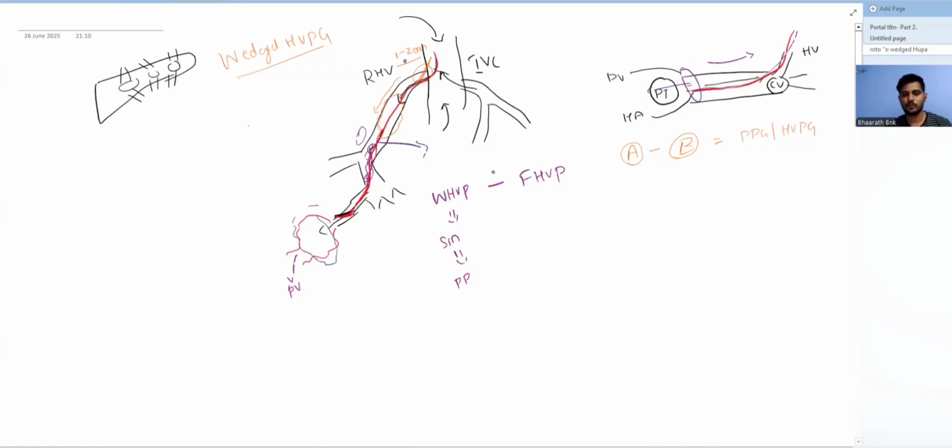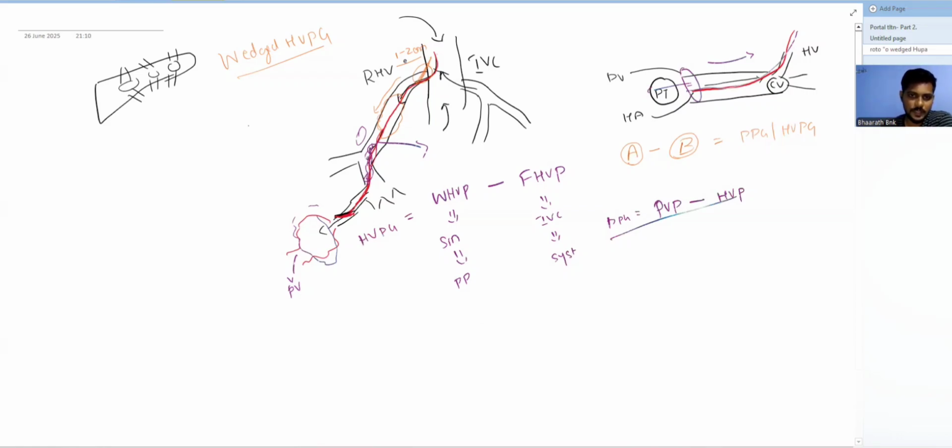And the one which is closest to the IVC, that is the free hepatic venous pressure, eventually represents the IVC pressure, which eventually represents the systemic pressure, right? So the portal pressure gradient is the pressure difference between the portal venous pressure and the hepatic venous pressure, right? But in practice, it is nothing but a hepatic venous pressure gradient, which is the difference between the wedged hepatic venous pressure and the free hepatic venous pressure.